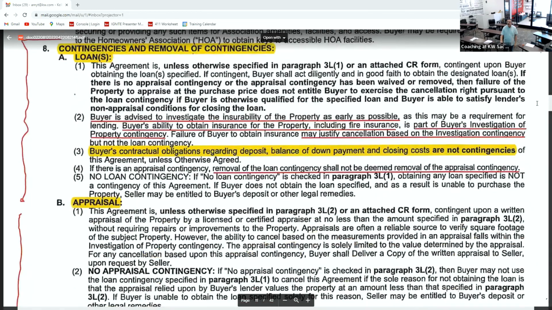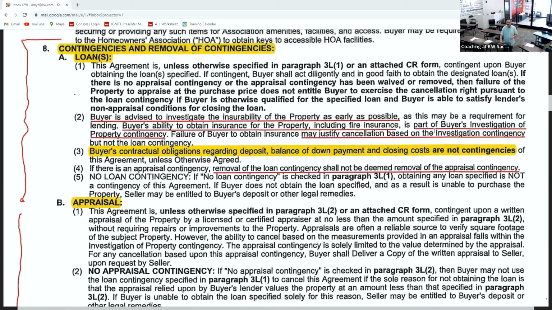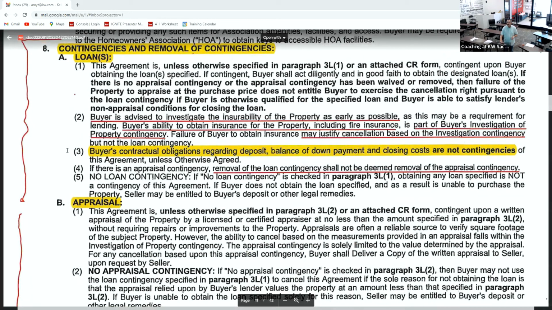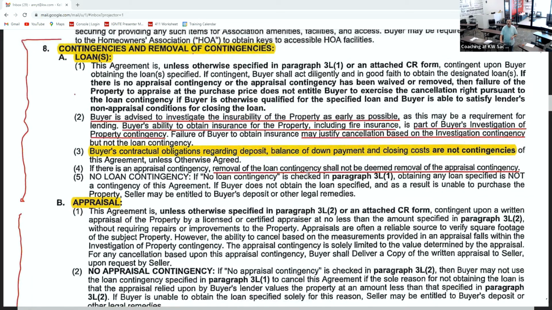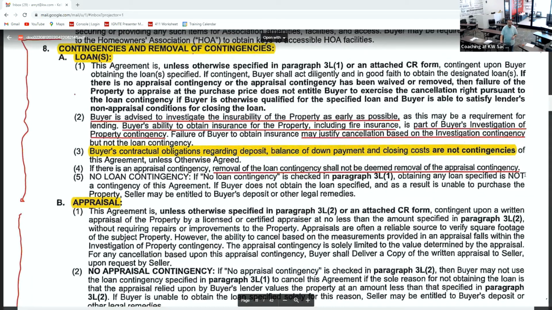Removal of contingencies, they have to be removed by the date specified, and basically, if it's not done, then the seller can issue a notice to perform. There's one note here on an appraisal contingency. Removal of the loan contingency is not deemed to be removal of the appraisal contingency. So even if your buyer removes the loan contingency, the property still has to appraise, and then the buyer still has to expressly remove the appraisal contingency.